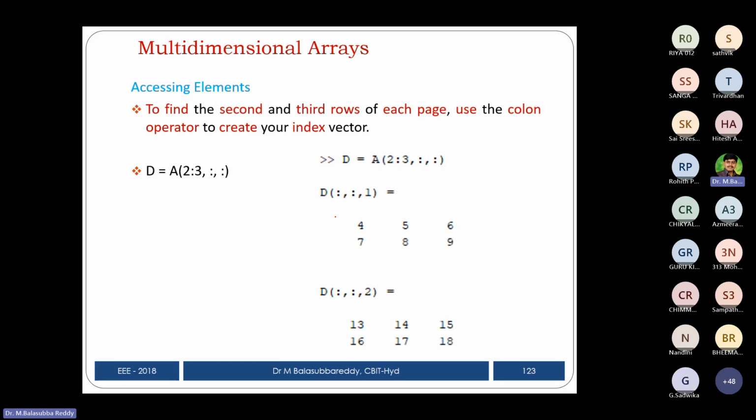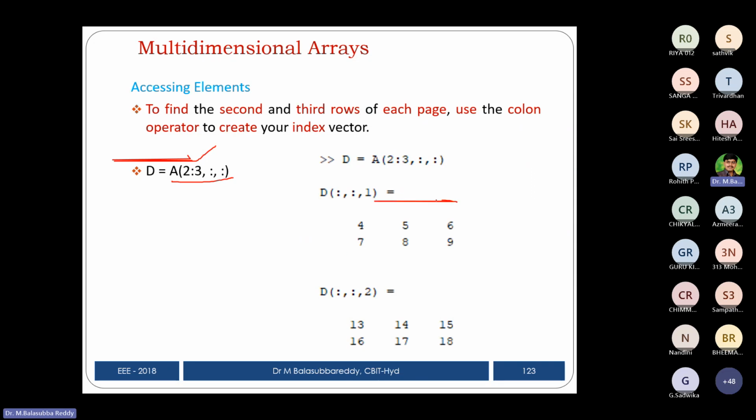Now we can see some examples I have also shown you. D is equal to A of 2 colon 3 comma colon comma colon. The meaning is second row to third row, meaning 2 rows, the second row and third row, all columns and all pages.